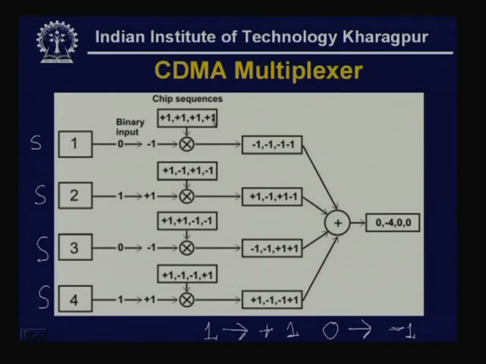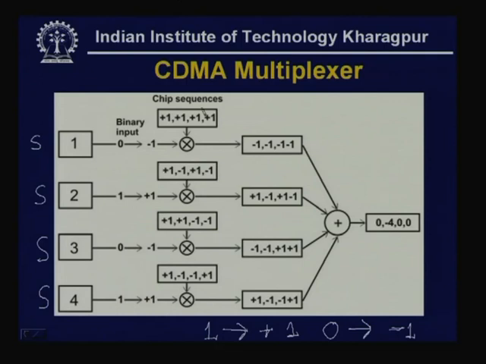It is different from the chip sequence of channel 1, and then for channel 3 the chip sequence is +1, +1, -1, -1. Again it is different from station 2 and station 1. Then finally, you have the chip sequence for station 4, which is +1, -1, -1, +1. As you can see, all these 4 chip sequences are unique.